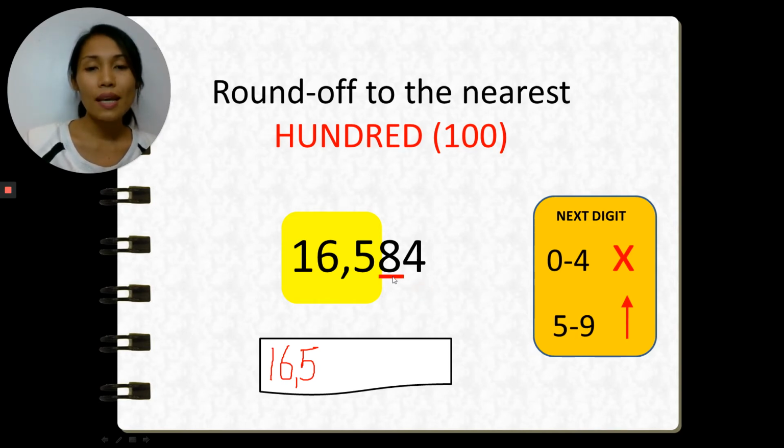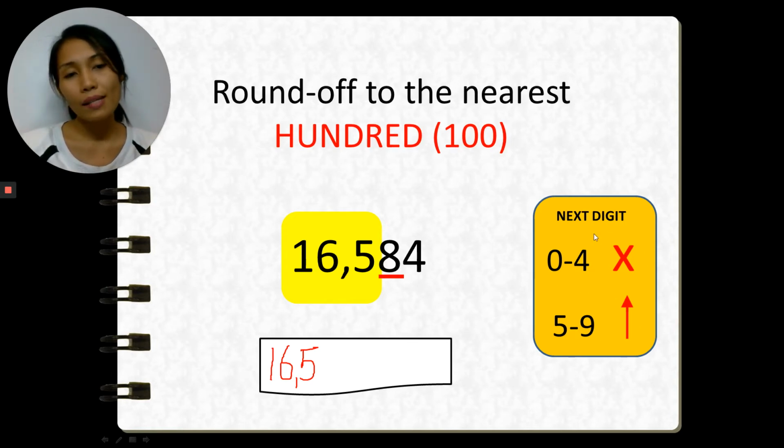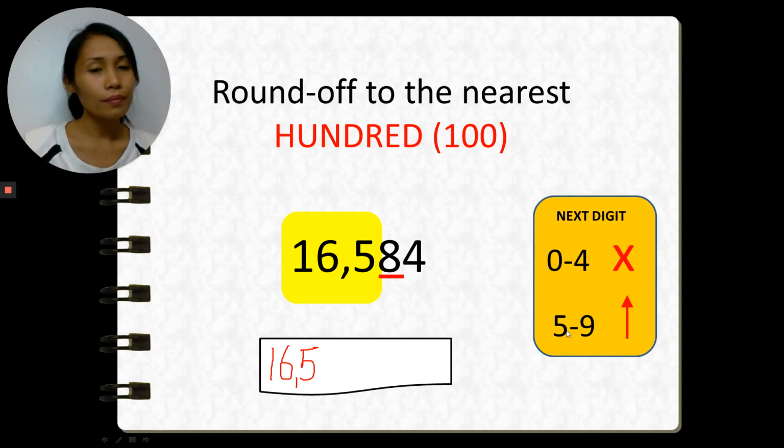So since the next digit is 8, if you look at this box on the right side, 8 is in the third rule. If the next number is 5 and above, then you have to add 1, or plus 1, to the number in the 100 place. Okay, so that means plus 1 to 5.